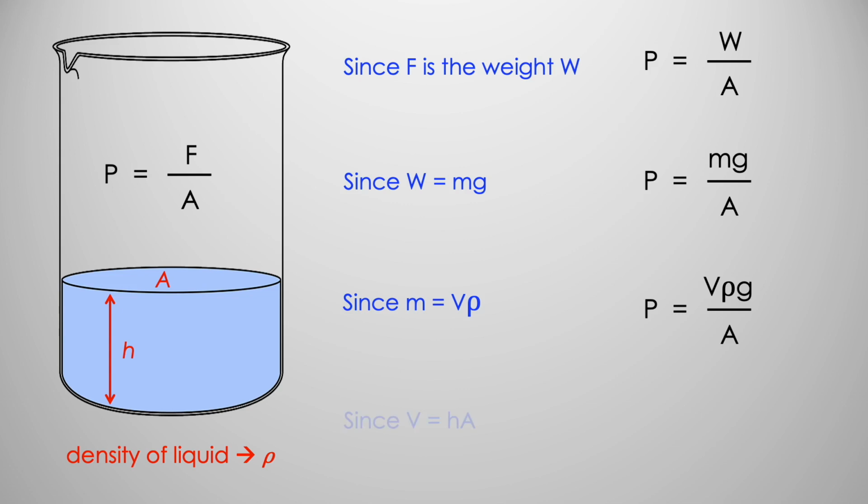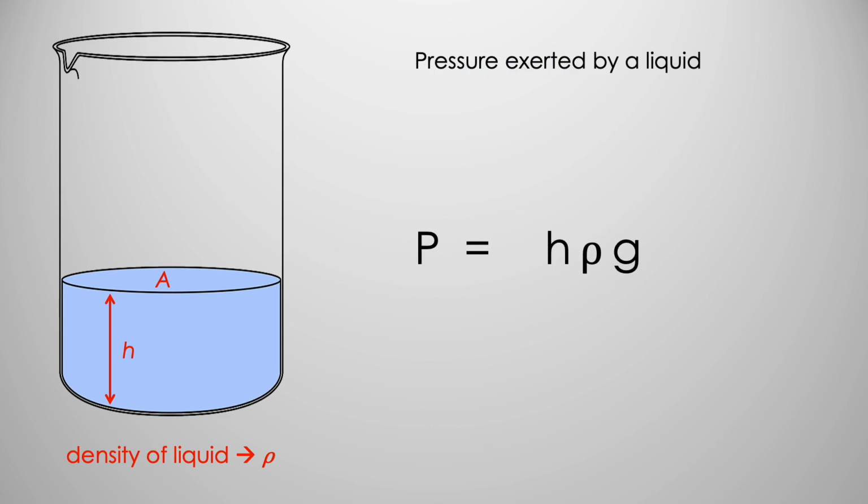In this case, the volume V is equal to the height of the liquid column h multiplied by the cross-sectional area A. Hence, we arrive at the equation P equals hA rho g upon A, which is also equal to P equals h rho g. So this is an equation that we can use to determine the pressure exerted by a liquid.